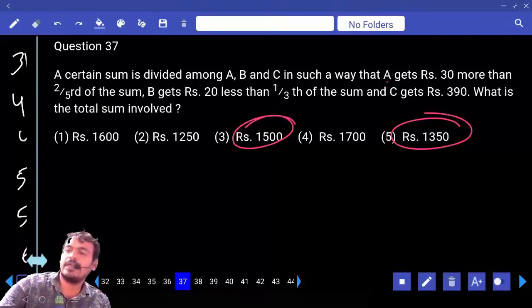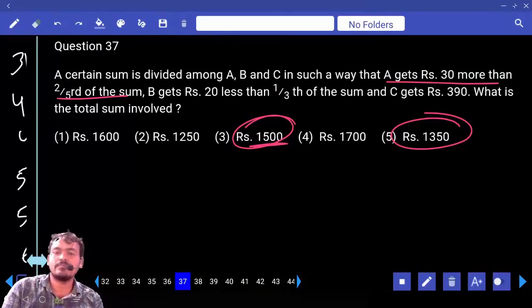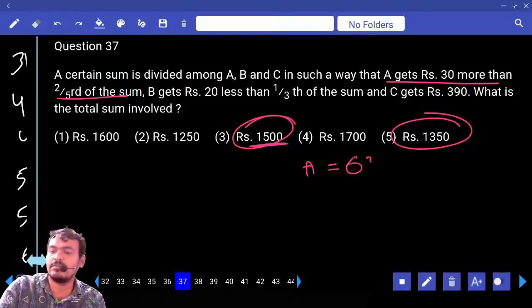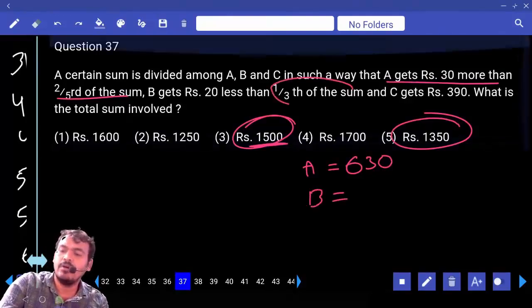First, A gets 30 more than 2/5 of the sum. What is 2/5 of 1500? 600. But A is getting 30 more than that, so A gets 630. Next, B gets 20 less than 1/3 of the sum.